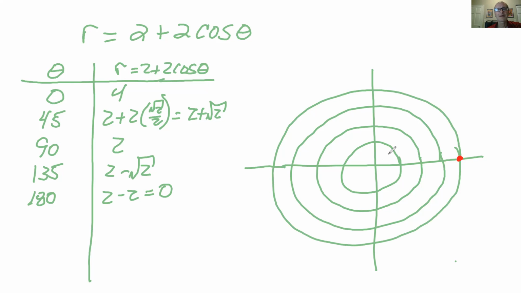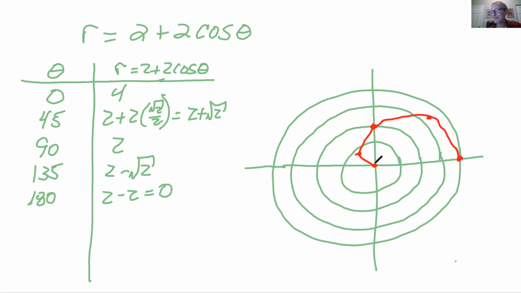And so 45 would be 2 plus square root of 2, which is 3.4. So it'd be somewhere about right there. And then 90 would be 2, somewhere right here. So this would be 2 minus 1.4, so that's going to get about right. It's less than 1, so it's going to be right here. And then at 180, we end at 0. So if you see this thing, it would be graphing like that.